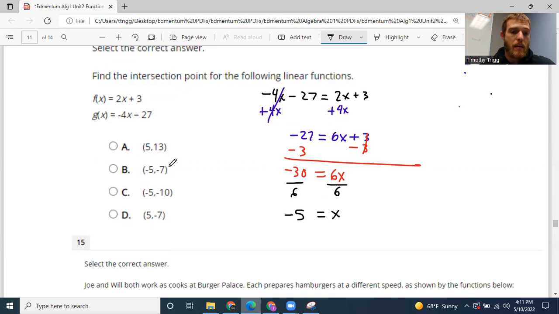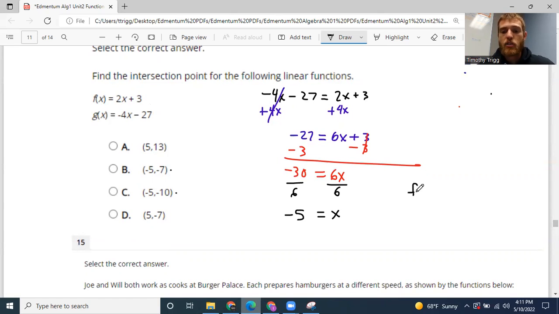So we know our x value is negative 5. So it's either going to be B or C. You can see both these have an x value of negative 5. Now what we can do is take this negative 5 and figure out the output in either of these equations. So you can use either equation, doesn't matter. They'll give you both the same answer. So I'm just going to go ahead and use f of x here.